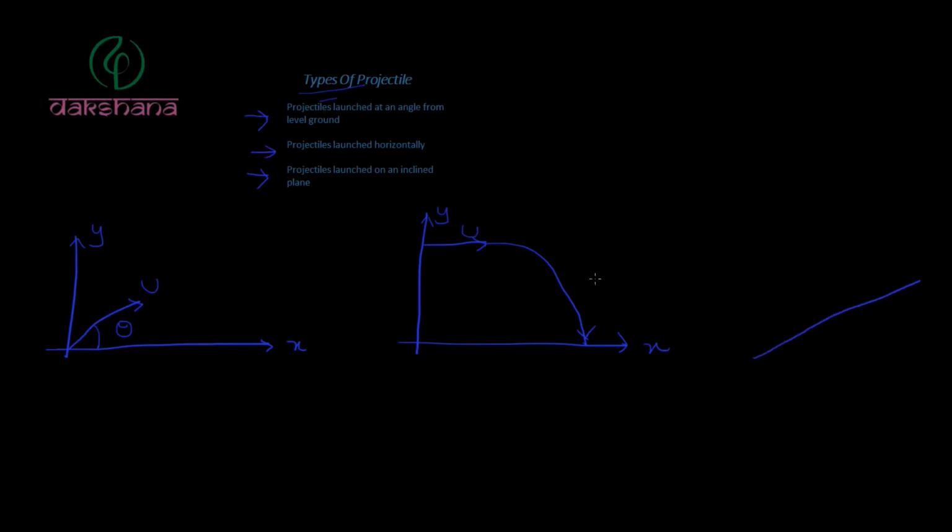When I say inclined plane, the plane is making an angle alpha with the level ground, and we are projecting a projectile on that inclined plane with an angle theta. So these are the three types of projectile: 1, projectiles launched at an angle from level ground; 2, projectiles launched horizontally; 3, projectiles launched on an inclined plane.